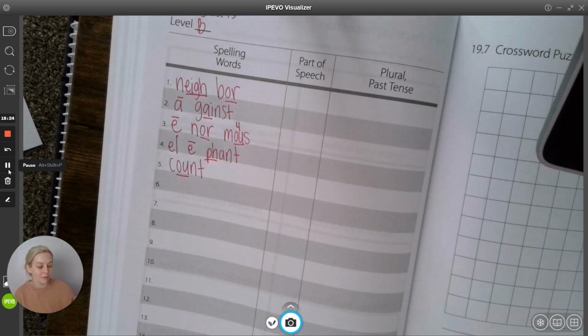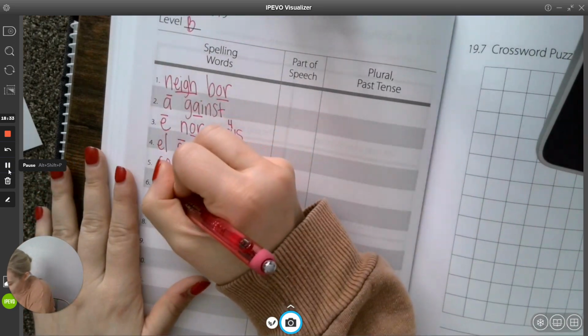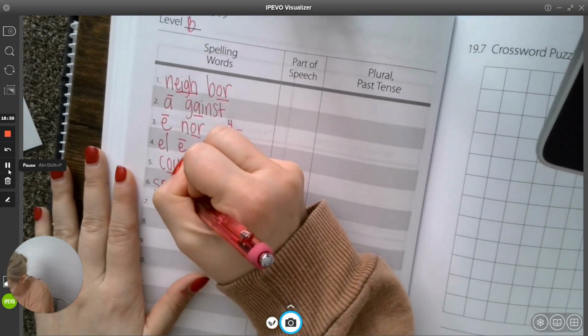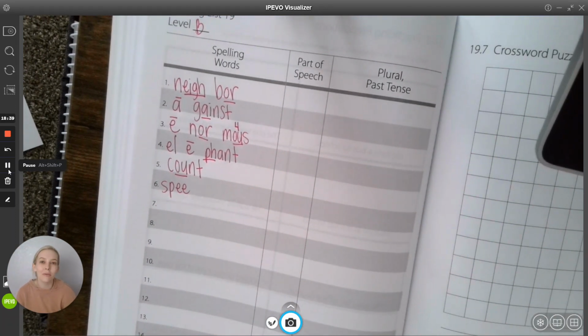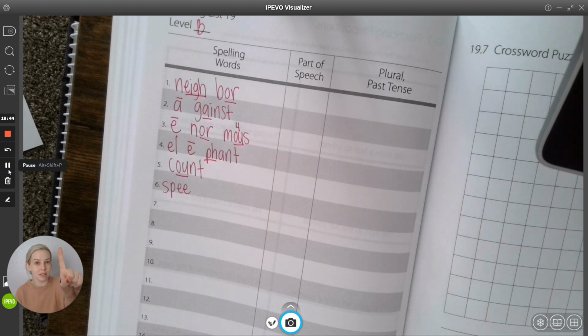E, finger spell, s, p, E, double E. Second syllable is dom, sound it out, d, a, finger spell, d, a.